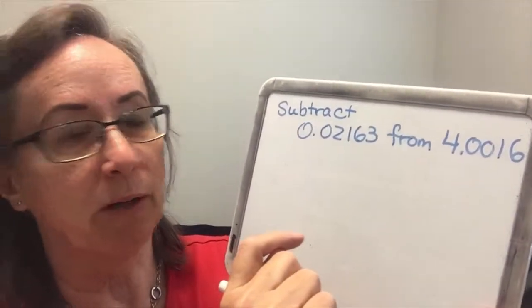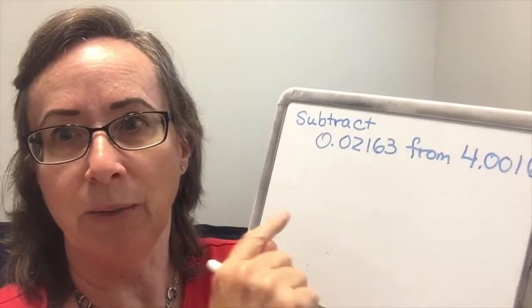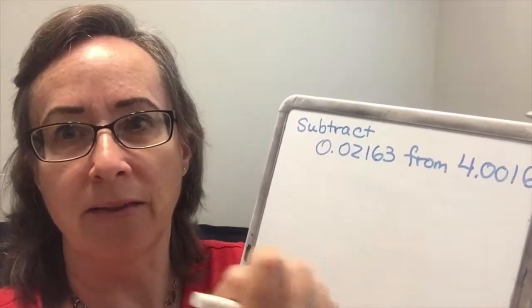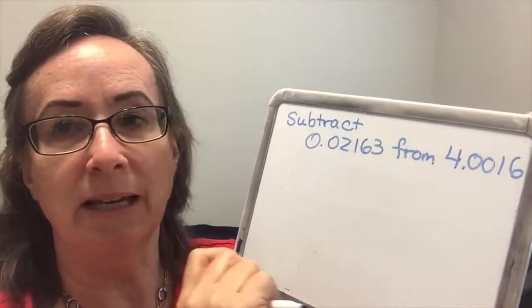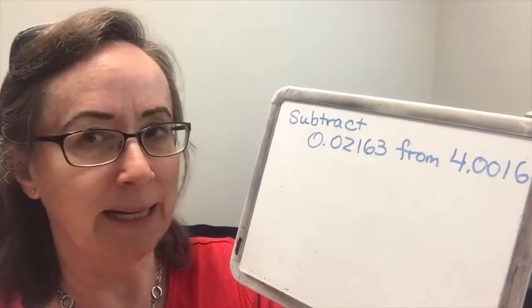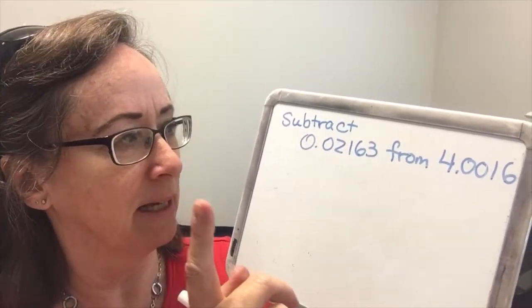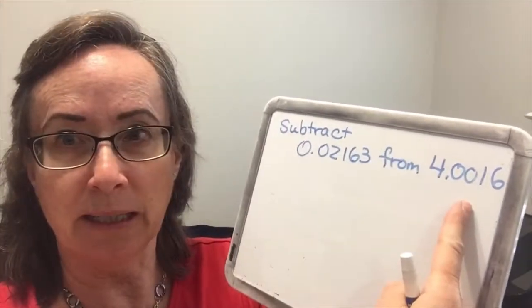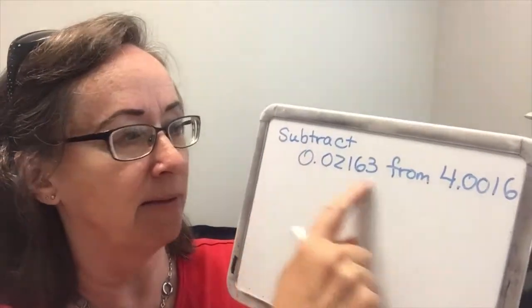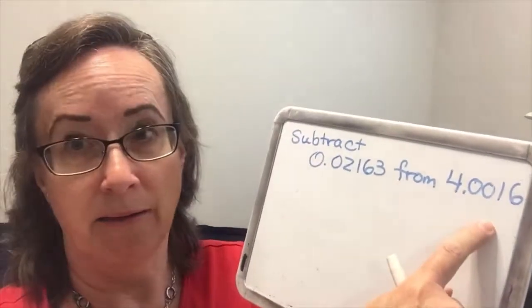Okay, remember, in subtraction, we have minuend, subtrahend, difference. Which one is the subtrahend? Which one is the number you are subtracting from another number? So basically, when you think about this, this is the big number, and we're subtracting this one. Subtract this from that.